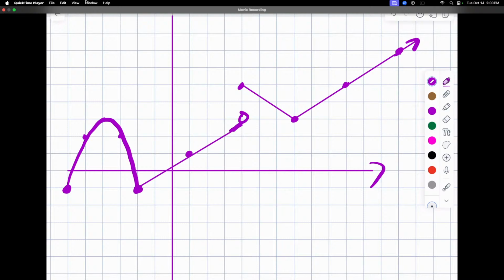And after you're done, if you graph one, plug it into the calculator, see if you come out exactly the same. That way you know if your graph is correct.